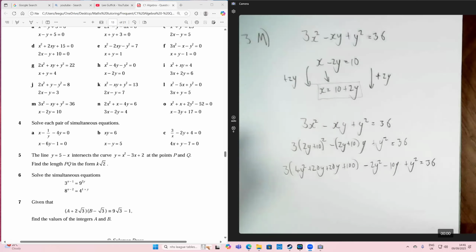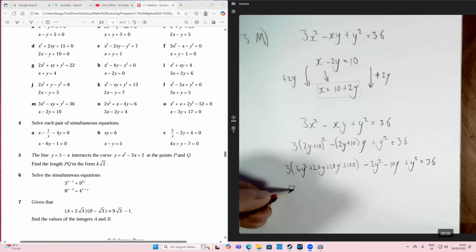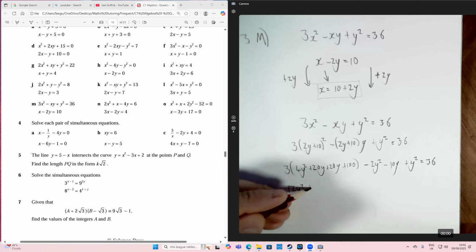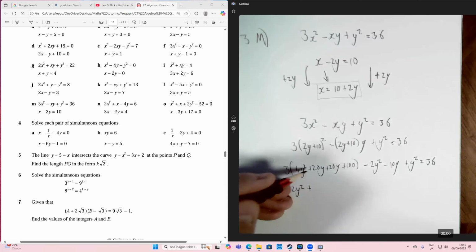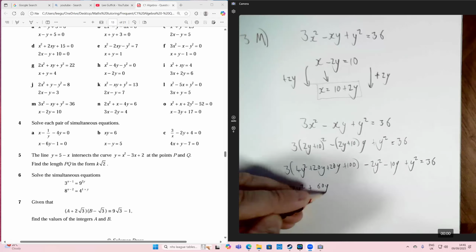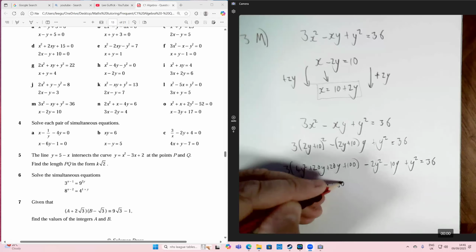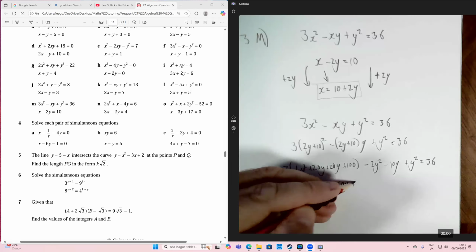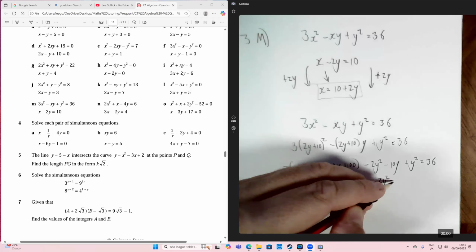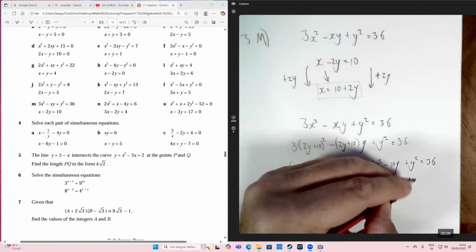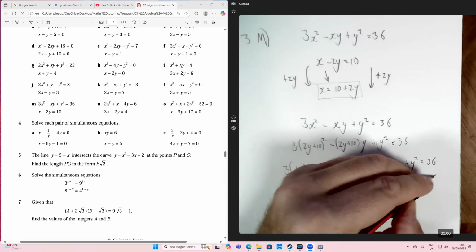Now I'm going to expand this bracket. So 3 times 4 is 12y². 3 times 20y is going to give us 60y, so we're going to have 60y there, plus another 60y, plus 300, minus 2y² minus 10y plus y² equals 36.